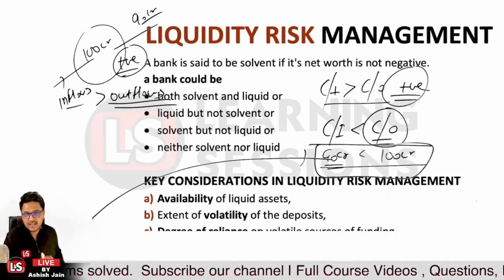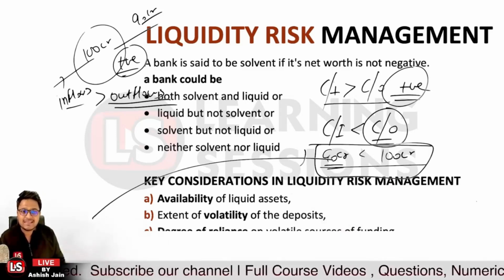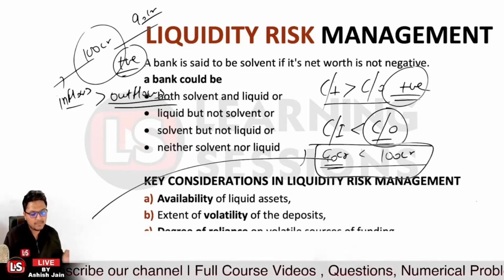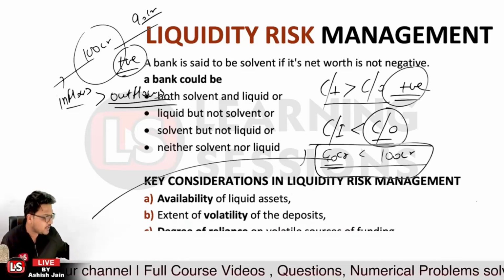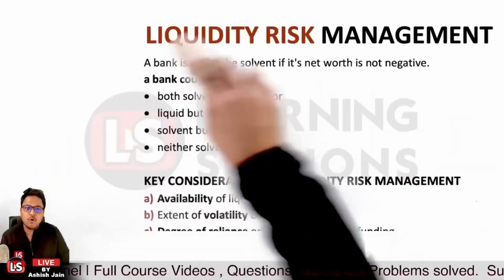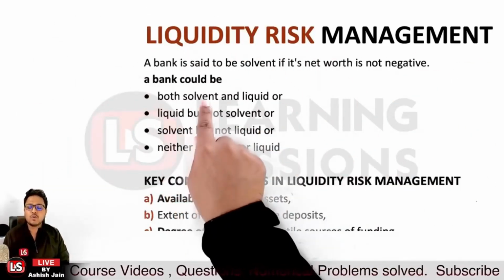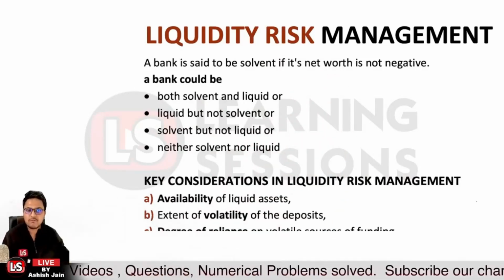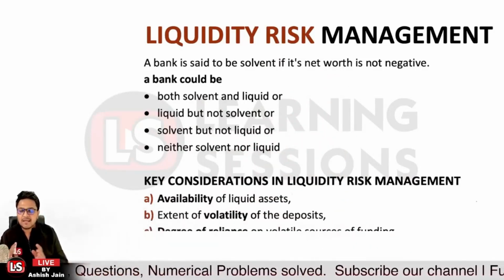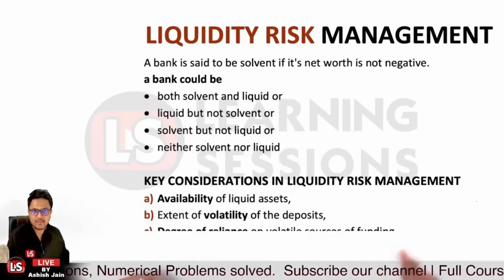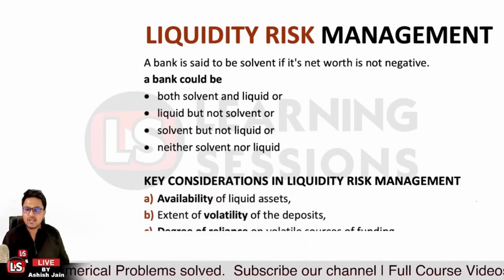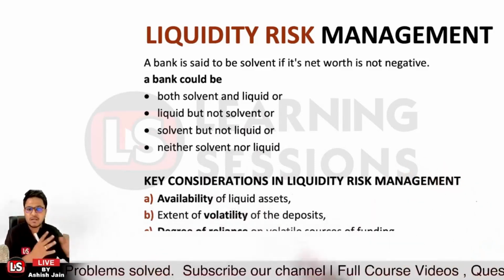Now let's understand what the bank status can be. The bank can be solvent and the bank can be liquid also. So just have a look here at the 4 points. The bank can be solvent, and it may be the case that the bank has sufficient liquidity. It may be the case that the bank is liquid but not solvent, that the bank has the liquidity to pay off its obligations, but the bank is not solvent.